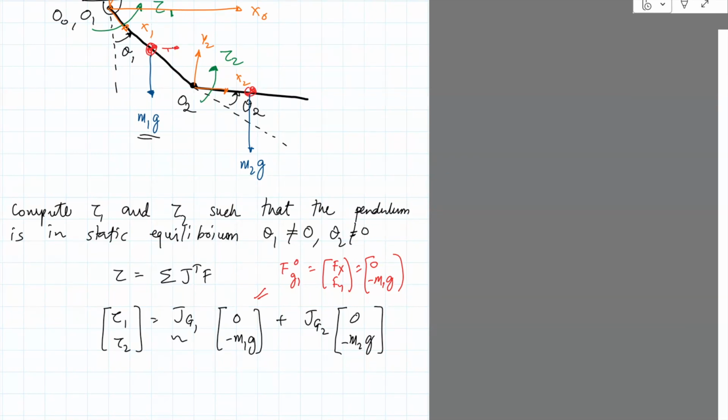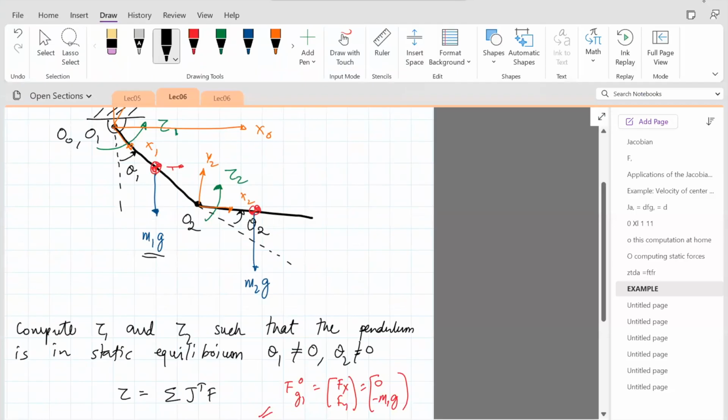Okay, what remains now is to compute these Jg1 and Jg2. Normally you would compute them, but here I'm in luck because in my last class I actually computed the Jacobians Jg1 and Jg2. So I'm just going to go back and show that to you and then flash back to this.